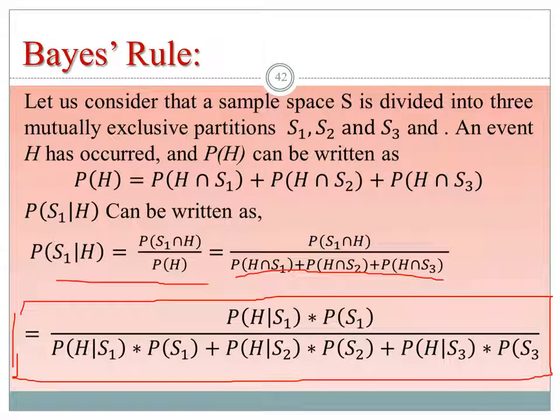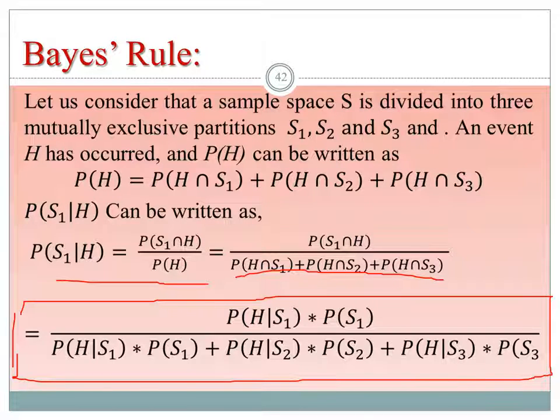So we can calculate the probability of a defective item as the sum of the probabilities of H intersection S1, and so on. H intersection S1 means first supplier and defective, and second supplier and defective. After mixing all the shipments, suppose you randomly pick one defective item. What is the probability that the item came from the first supplier or the second supplier?